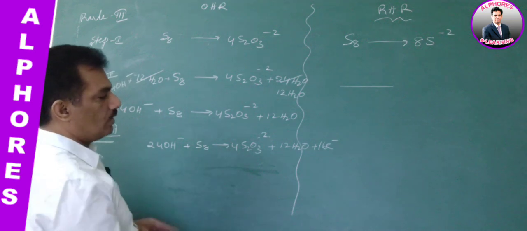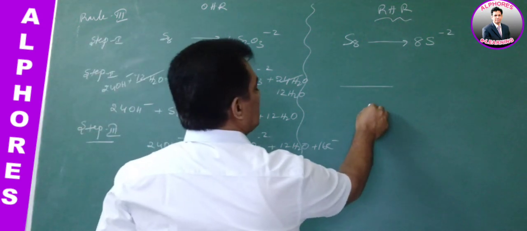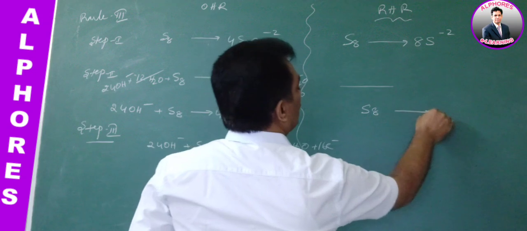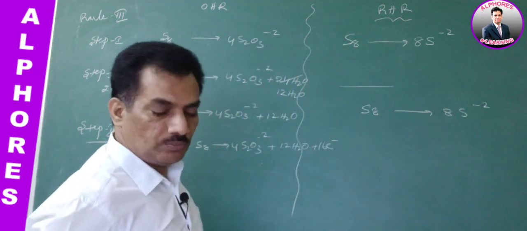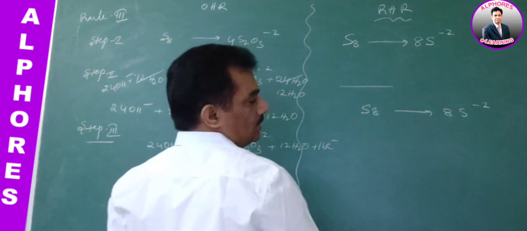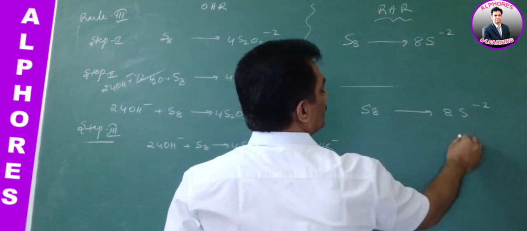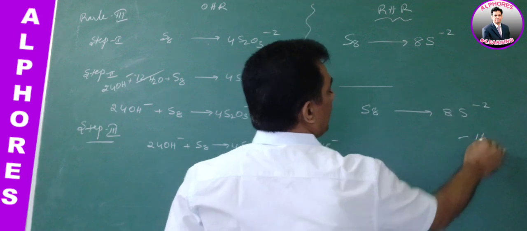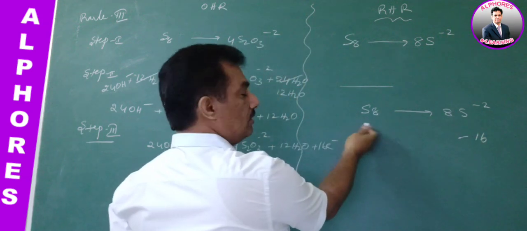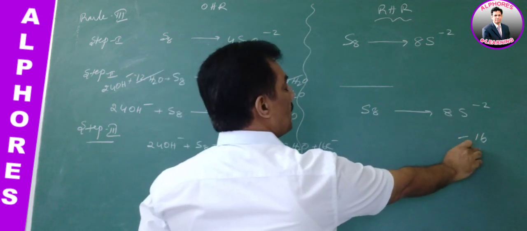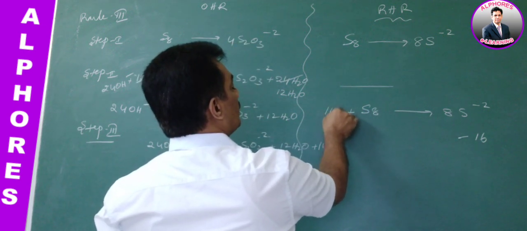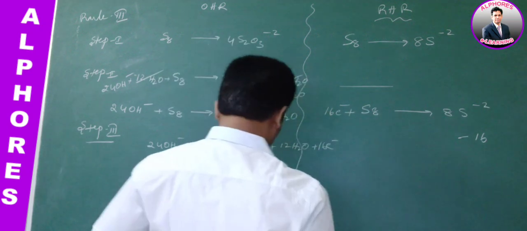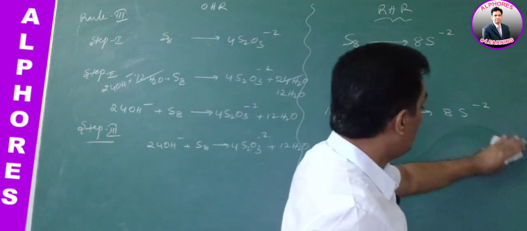Clear? And now coming to this, it is S8 giving 8 S minus 2. In this case, how much charge? 8 into minus 2, minus 16 is there. But is there any charge on this side? No. So to balance this minus 16, we have to add 16 electrons on this side. Why?